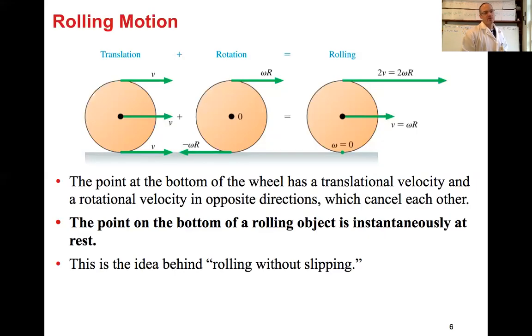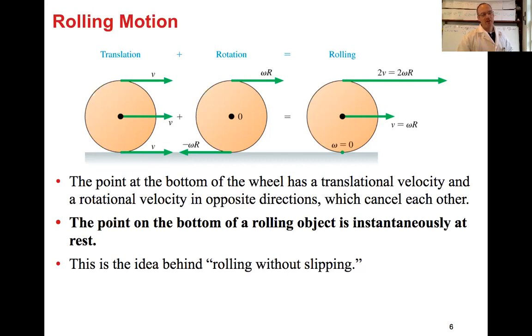So in terms of a rolling object, what's actually occurring here is it's motionless at the bottom. That's what we mean by not slipping. If you look at translationally, the object is moving ahead with a constant velocity. But rotational, the aspect of rotational, the top edge is rolling forward and the bottom edge is rolling back. So you have a positive angular velocity and a negative angular velocity because of the directions they're going.